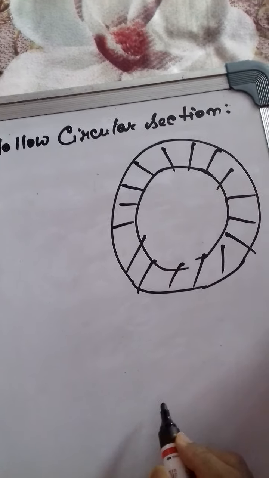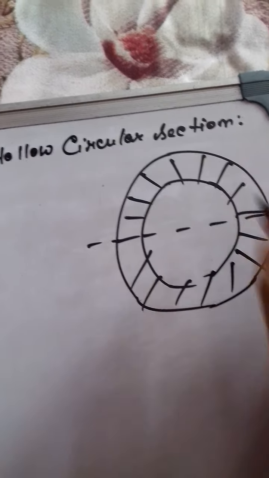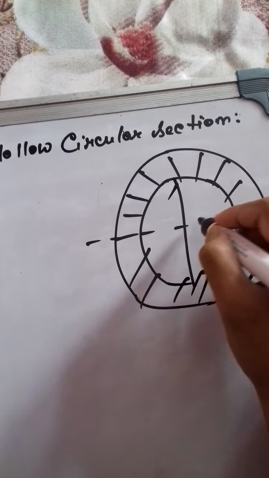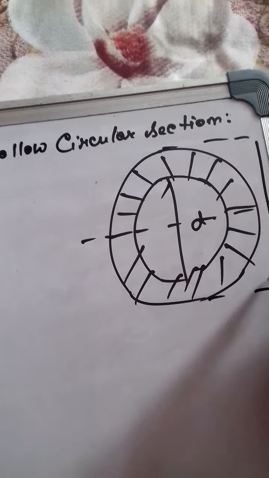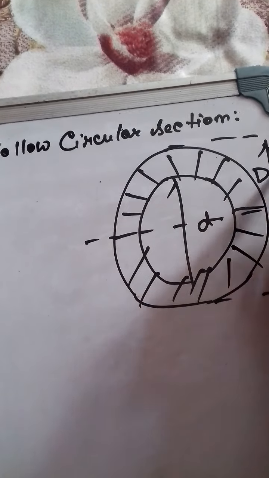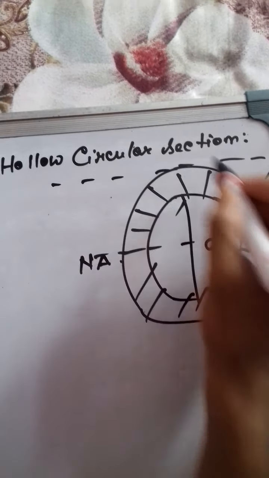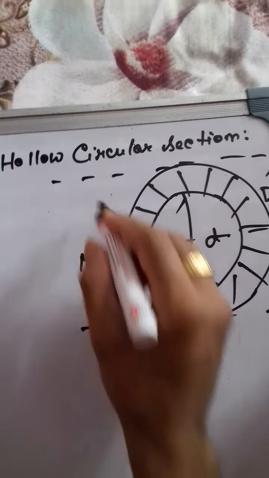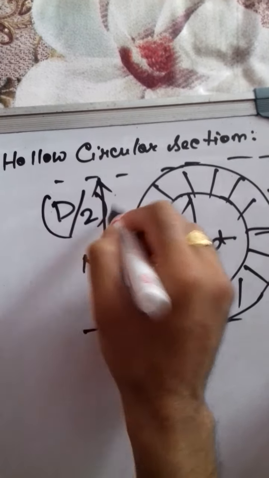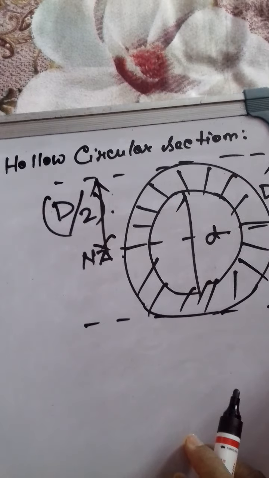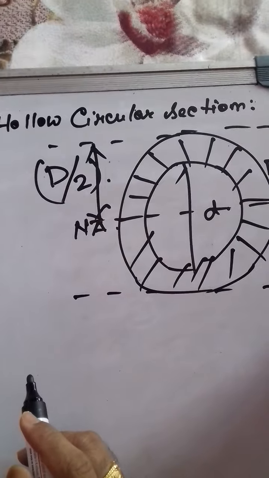So we will be having one internal diameter, equal to small d, and the external diameter, big D. Now see, again if this is the neutral axis, the distance of the outermost layer from the neutral axis will always be equal to external diameter divided by 2, not internal diameter divided by 2, because the outermost layer comes at the end of the external diameter. I hope it is clear.